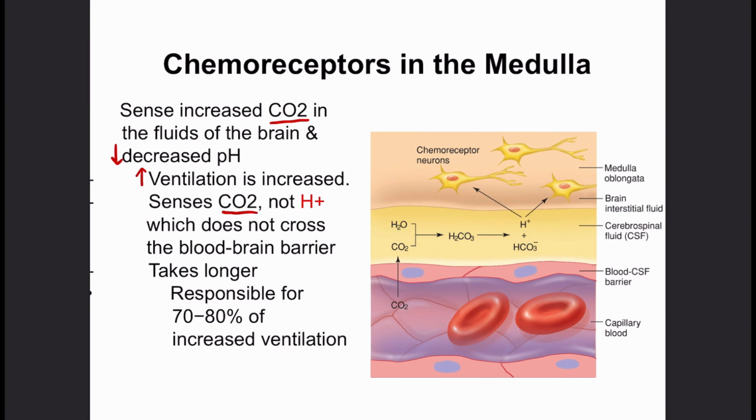It's sensing carbon dioxide, and that's because hydrogen ions do not cross the blood-brain barrier. And so this takes a little longer. This is not a really fast fix if there is increased carbon dioxide within the fluids of the brain. But it takes longer, but it is responsible for most of our increased ventilation, about 70 to 80%.